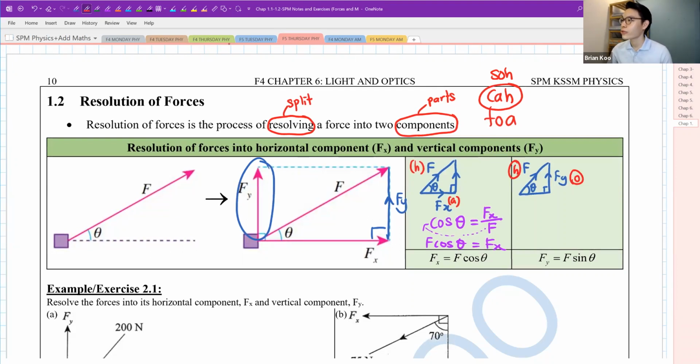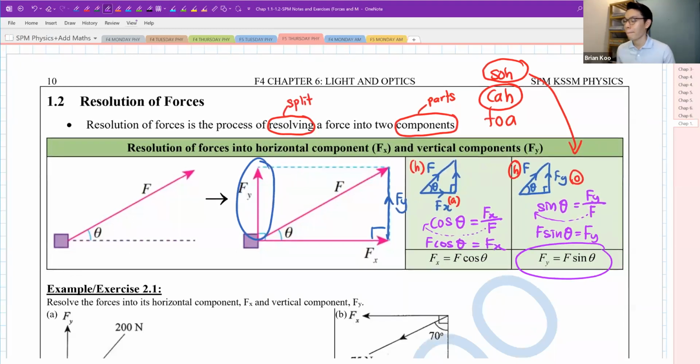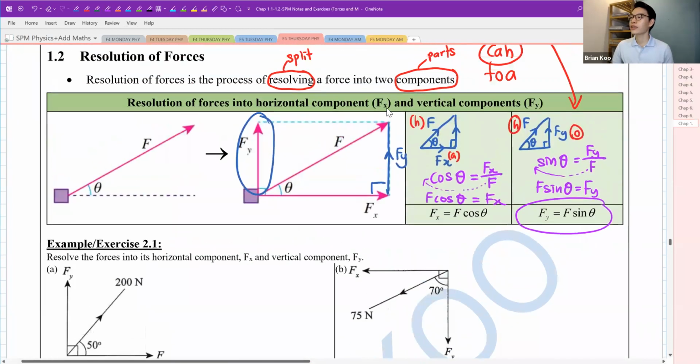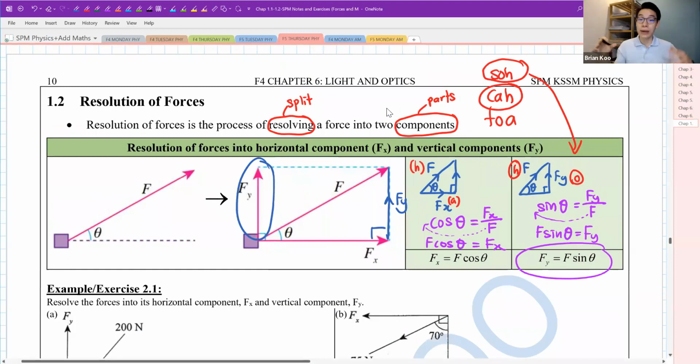O and H. So it's going to be sine theta equals O over H. Multiply this up to the left side. Yeah, so this is how this whole thing came about.